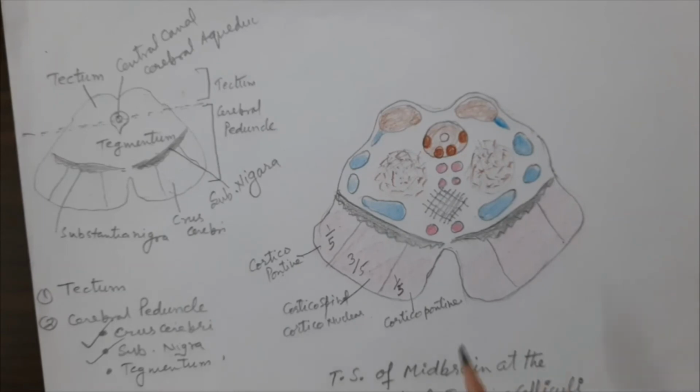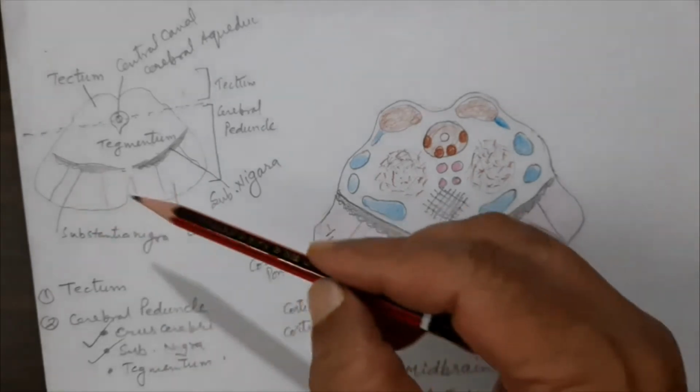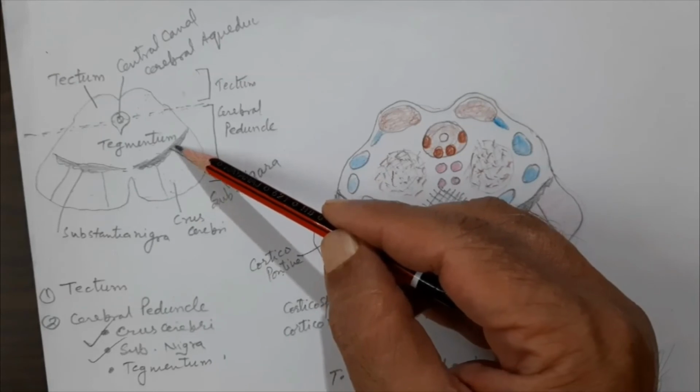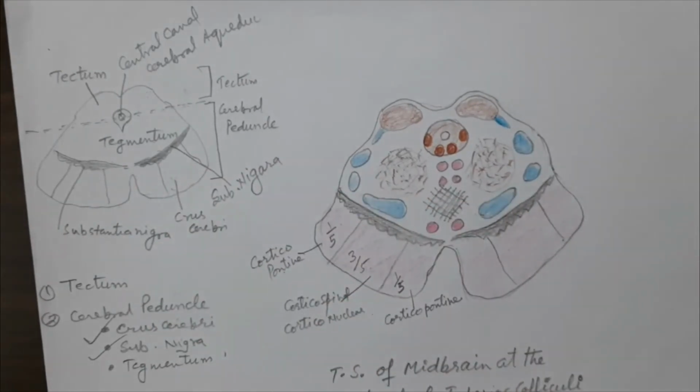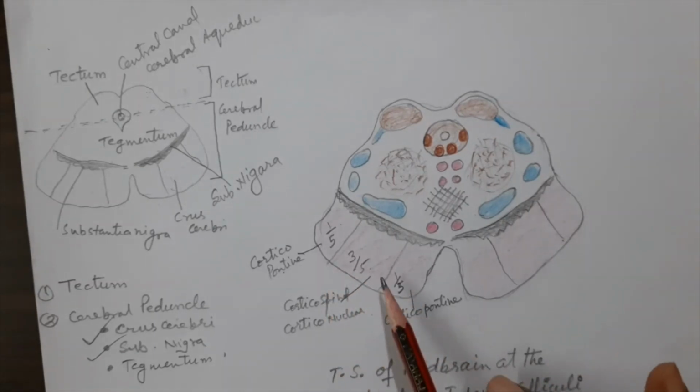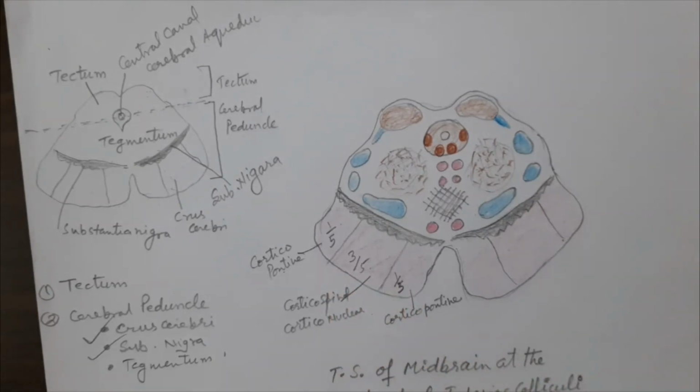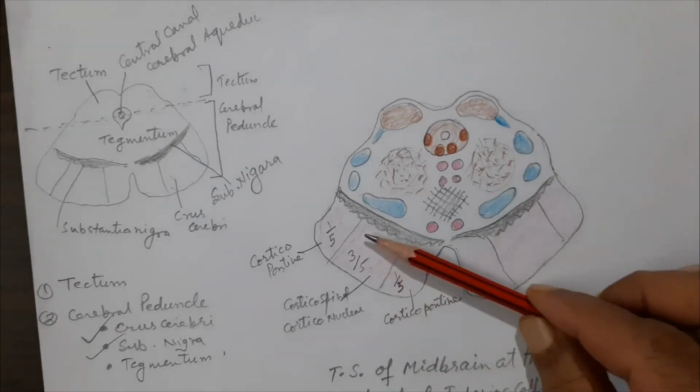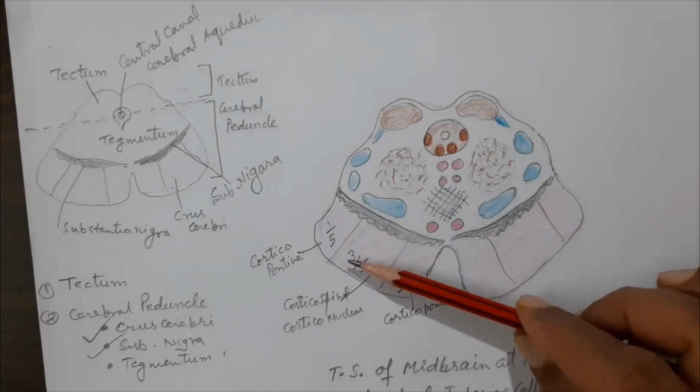Remember that the structure of the crus cerebri and the substantia nigra is going to remain the same throughout the midbrain, as was the case with the basilar part of the pons, which was the same throughout the pons. Similarly, these two parts, crus cerebri and substantia nigra, are not going to change. They will contain the same descending fibers in the crus cerebri. So we will not learn further about these two parts.